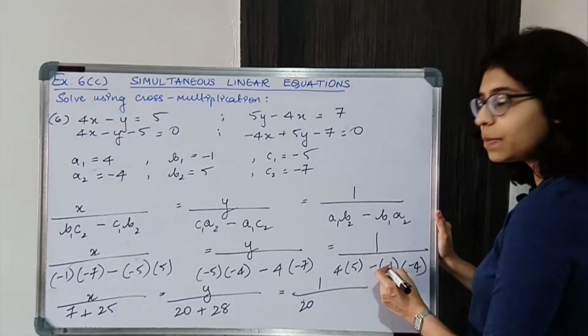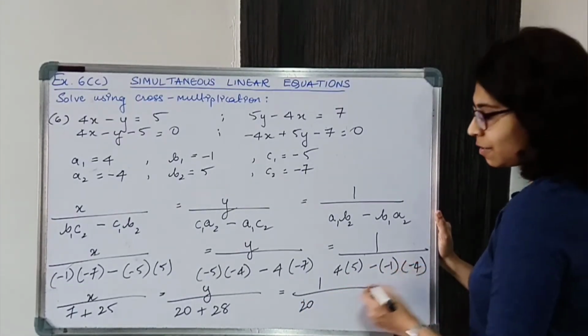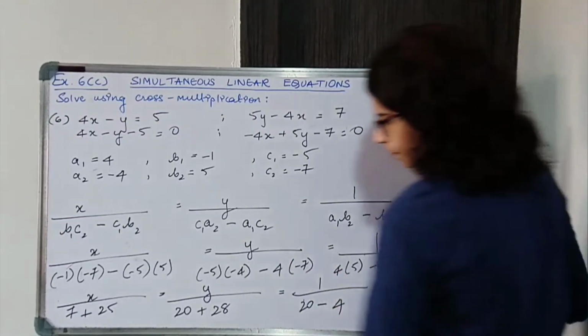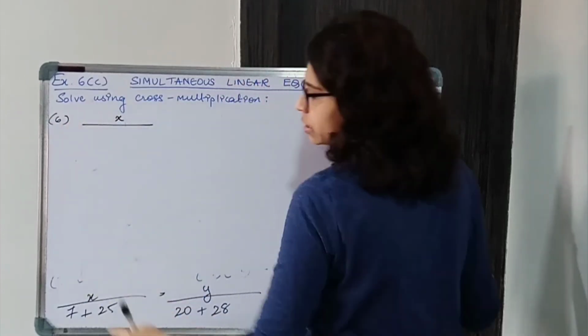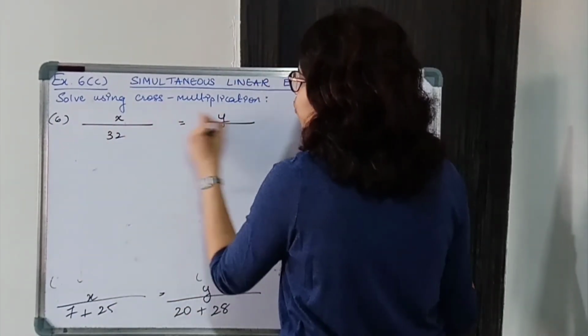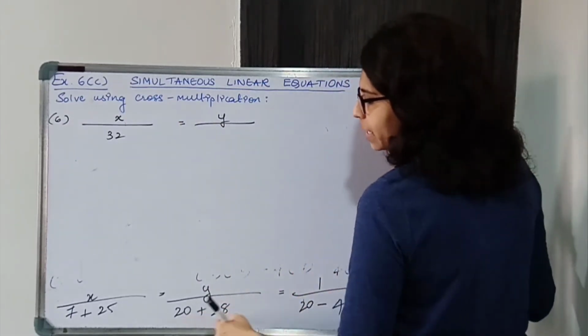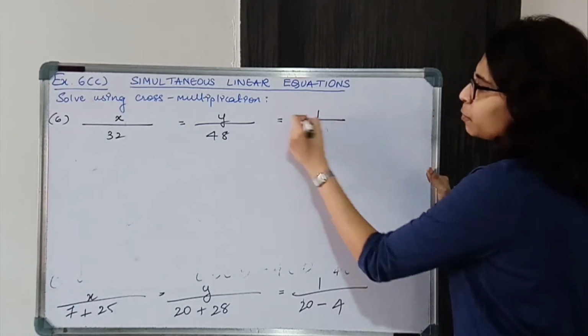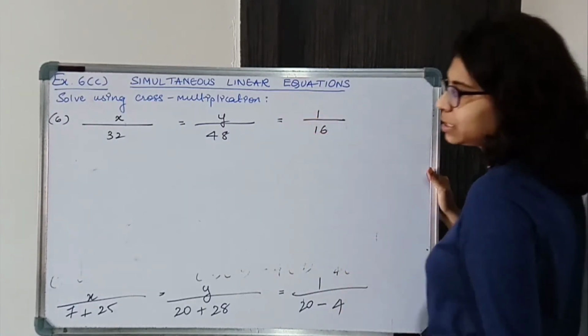Minus into minus plus into minus will give minus. 1 into 4 gives 4. So x upon 7 plus 25 gives 32 is equal to y upon 20 plus 28, 48 is equal to 1 upon 20 minus 4, 16.